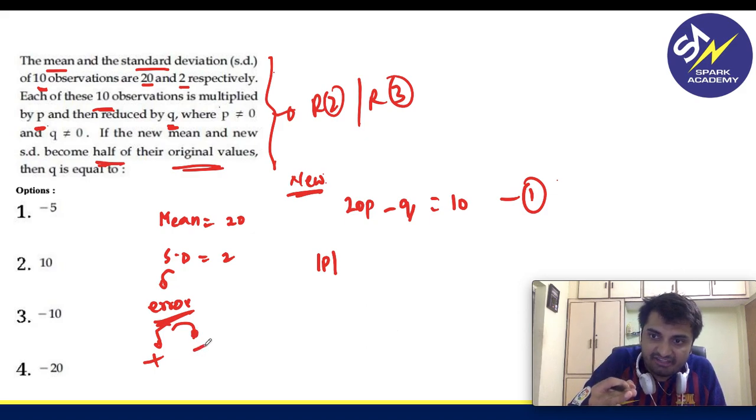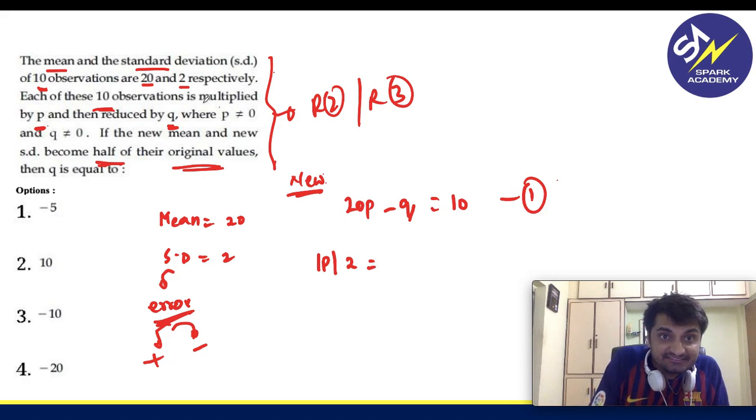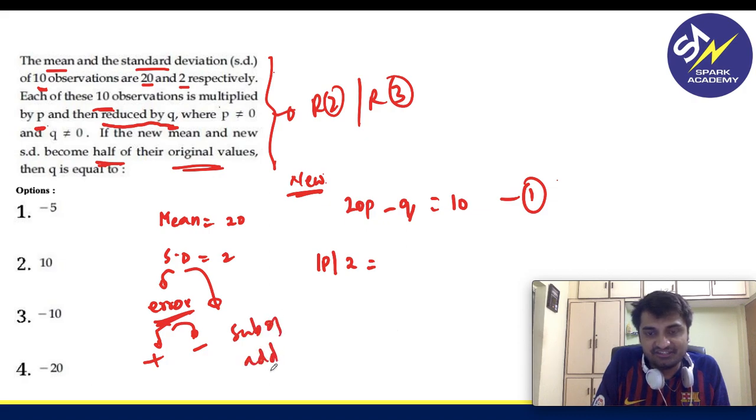So the standard deviation, whatever multiplication we are doing, will become a mod, and the original value will be there. But subtraction or addition in standard deviation doesn't matter.